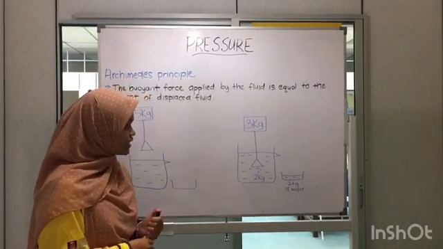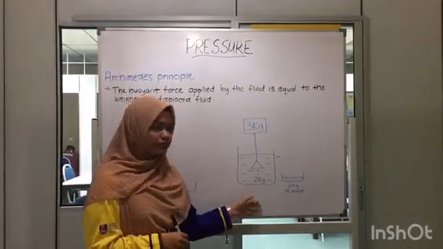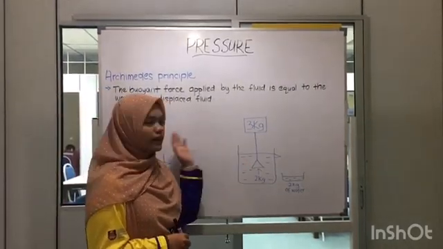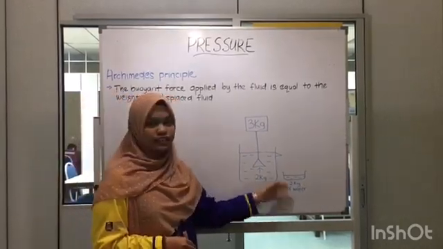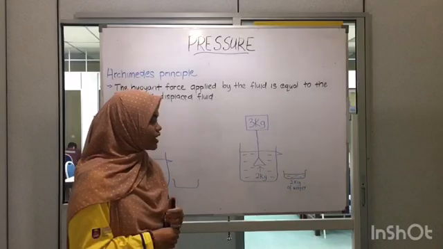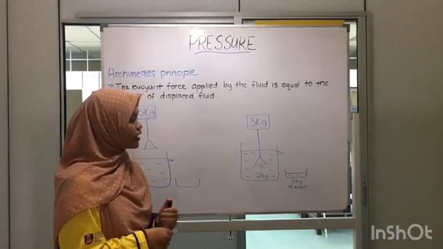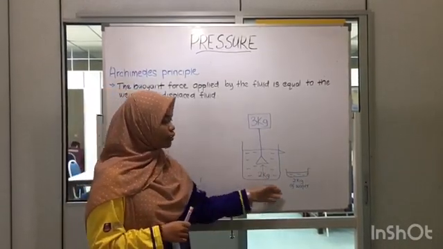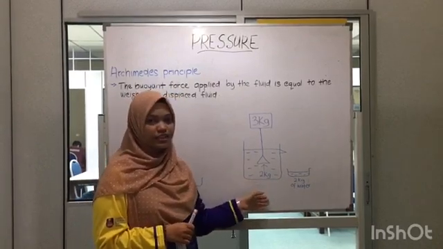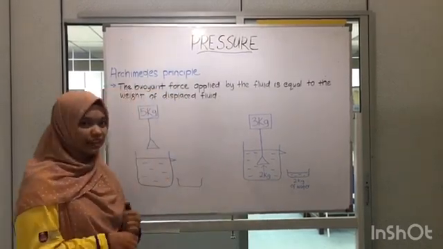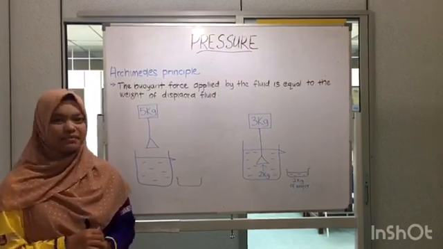As we can see, there is 2 kg of buoyant force applied on the 5 kg load. So 2 kg of water is displaced. So as we can see, 2 kg of water is equal to the 2 kg of buoyant force. So this proves Archimedes' principle.